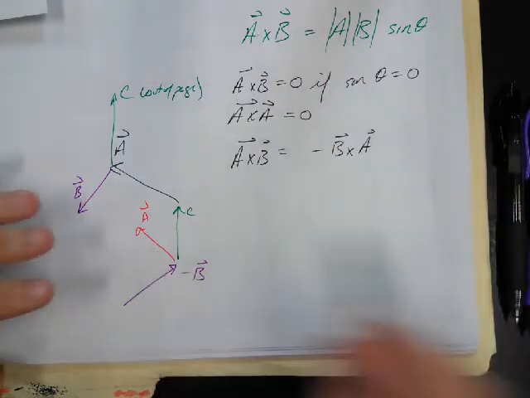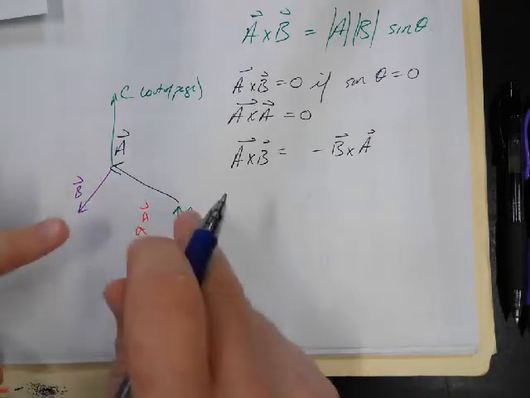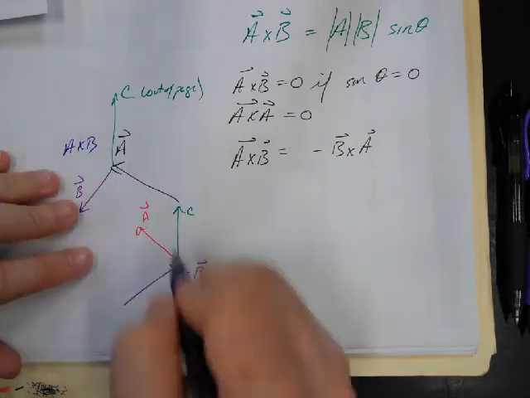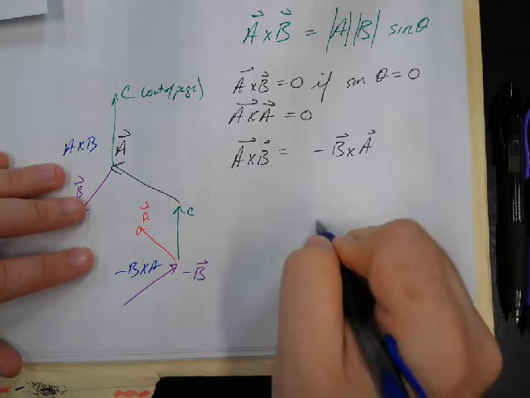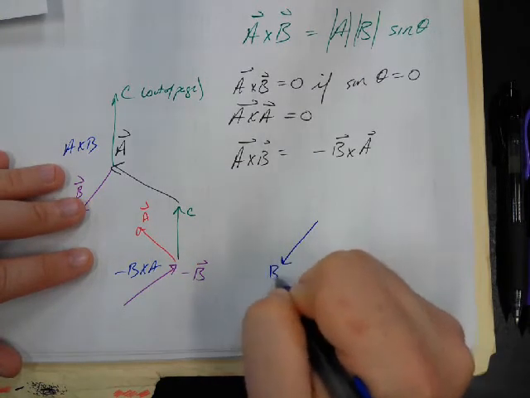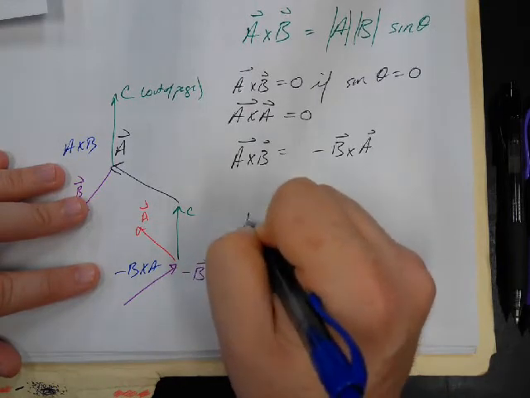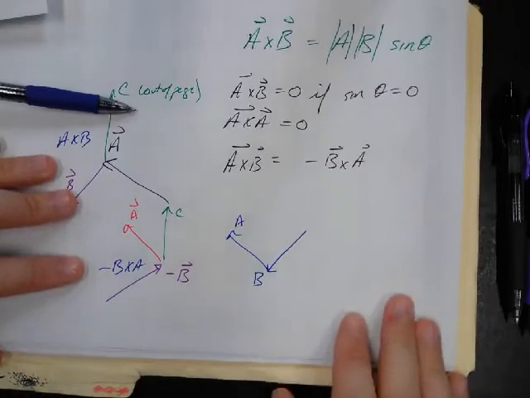So what happens if we draw B cross A? All right, so this is A cross B. This is minus B cross A. Well, here's B. And then A is going to go like this. Right? So this is one where we have to kind of contort our hand.